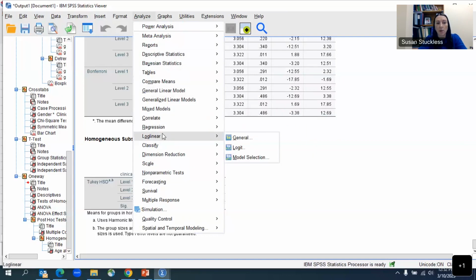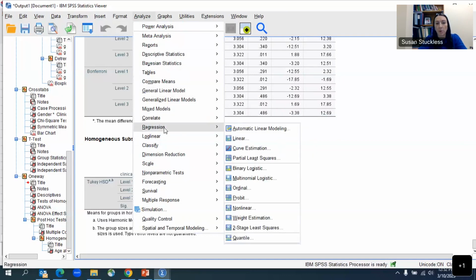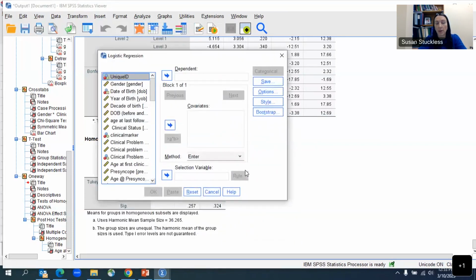So for this one, we want to go down to regression and binary logistic. And I will say, before I go too much further, there are a lot of tests that can be run in SPSS. A lot that I've never used. Some are used fairly frequently, but it all depends on what kind of study design you have. I was involved in a few genetics research studies and some other health related ones.